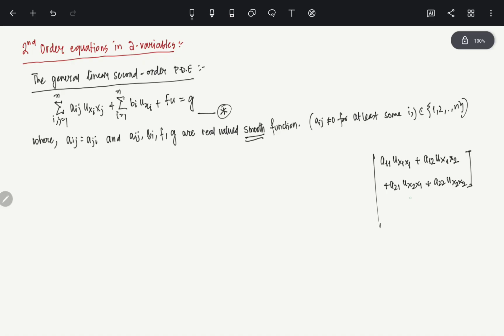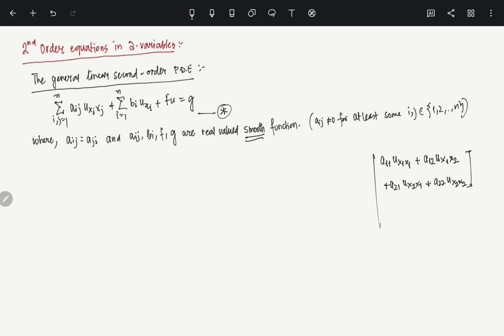In 3 dimensions you have a11, a12, a22, a33 and all these expressions, like 9 terms involved. So the higher the dimension, the more complicated it becomes.